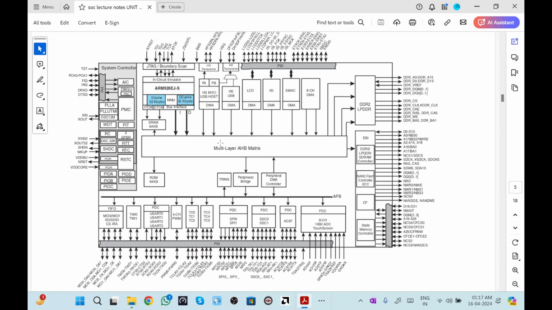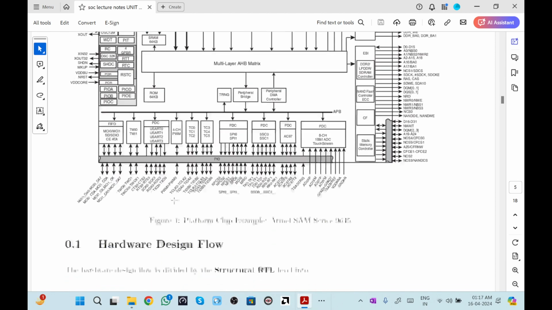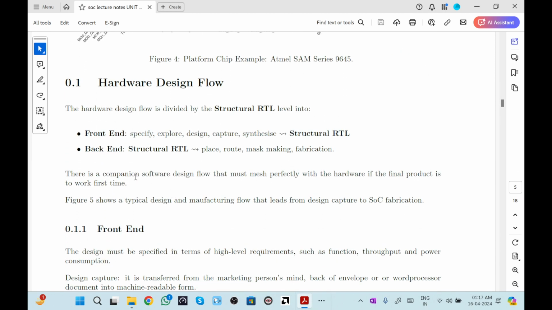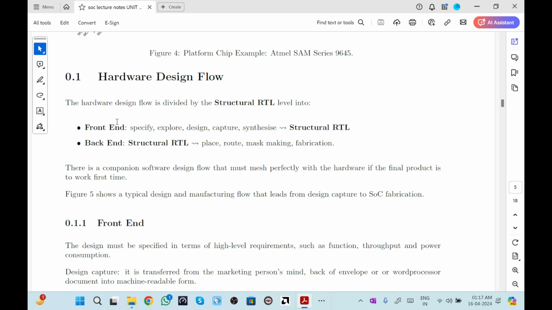We shall discuss the signals which we are having. This system controller is having some input signals. Okay, the specification is given in this file.